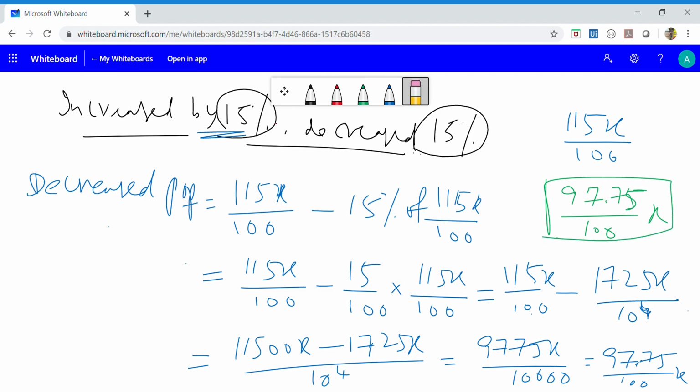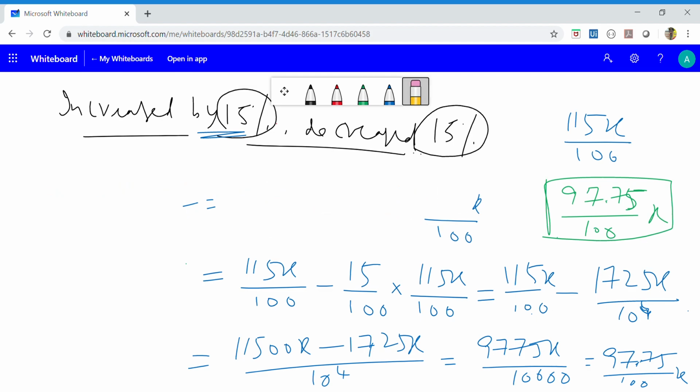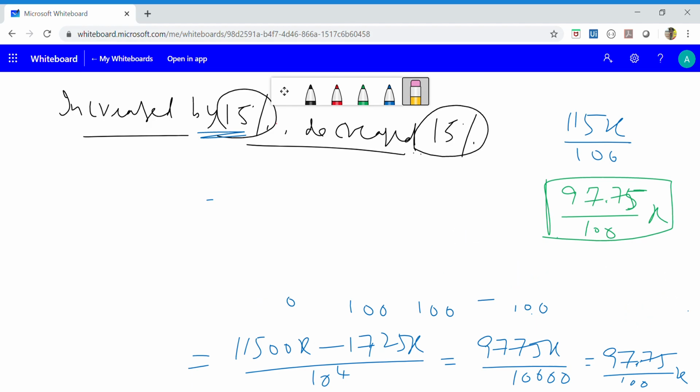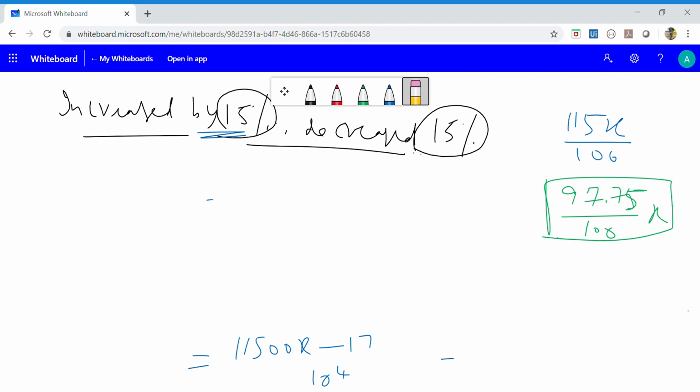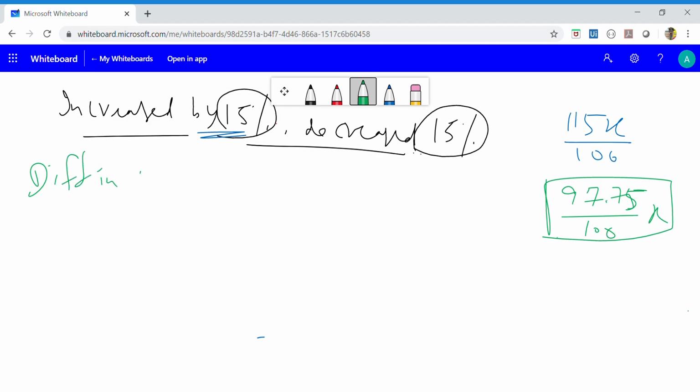The first year's is 115x by 100, and the second year's is 97.75x by 100. Now you have to find the difference in population. From the population after the second year, you subtract the actual population x.